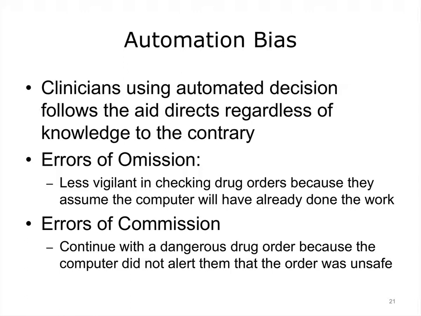This can lead to 2 classes of errors. 1. Errors of omission, as in the case where a clinician is less vigilant in checking drug orders because they assume the computer will already have done the work. And 2. Errors of commission, in which clinicians tacitly assume that if they were not warned about a potentially dangerous drug order by the computer, then there is nothing to worry about.